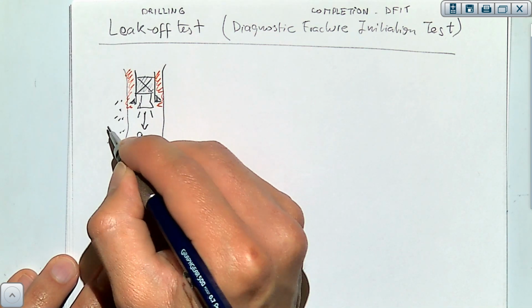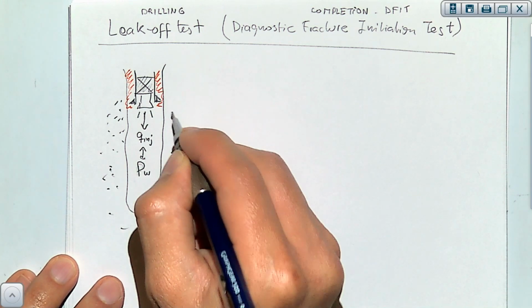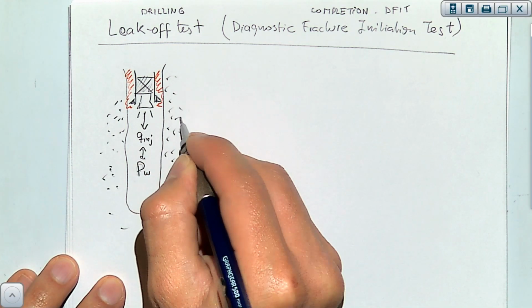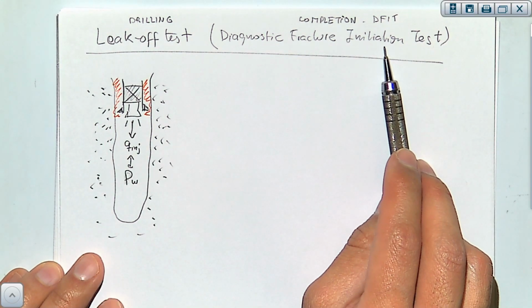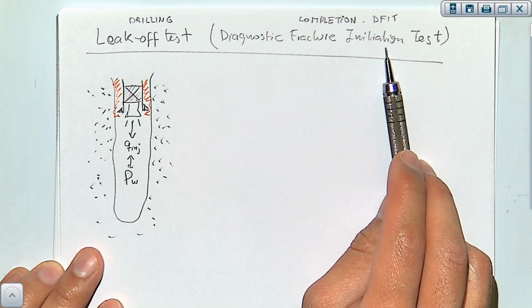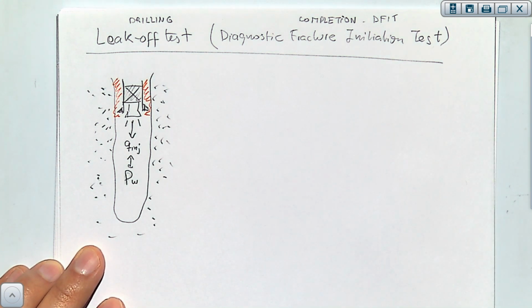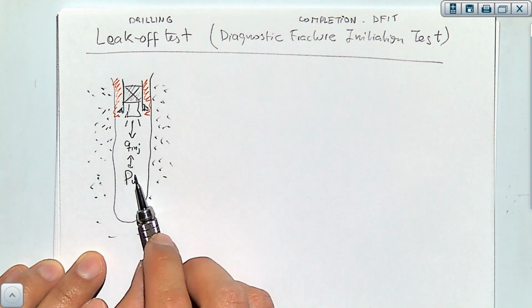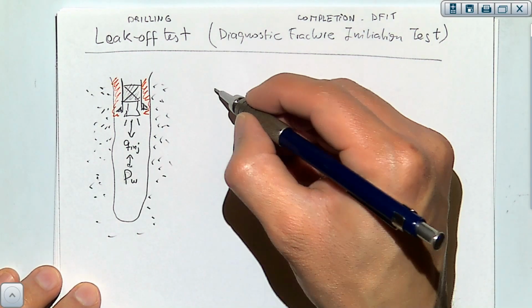In the case of the leak-off test, again, this is for drilling, and you pressurize. In the case of the DFIT test, you may pressurize a small section of the wellbore, or sometimes you also may pressurize a cased wellbore with perforations. But it's a similar thing. You're just pressurizing the rock with a fluid. Okay.